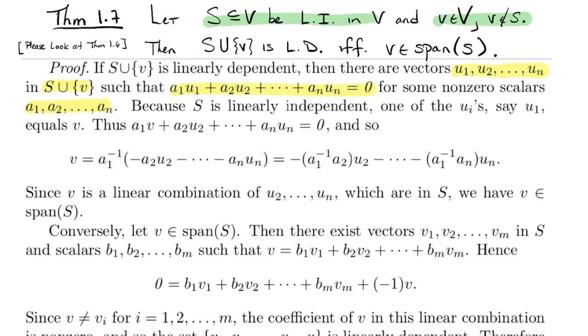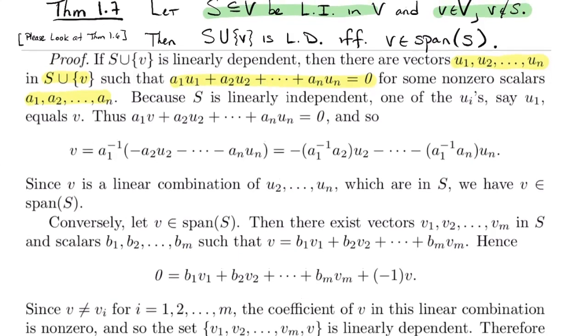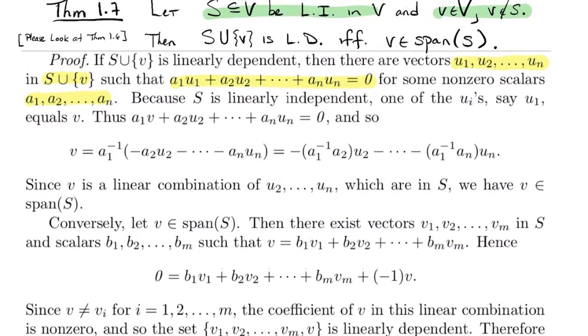He's supposing that it's u1, at least one of them has to be v, and he's saying that it's u1. That's fine. We can rename them. But in particular, then that a1 is not 0. Because if a1 were 0, a1 times v is 0. So you'd have this non-trivial linear combination of things in S, but that's a contradiction to S being independent.